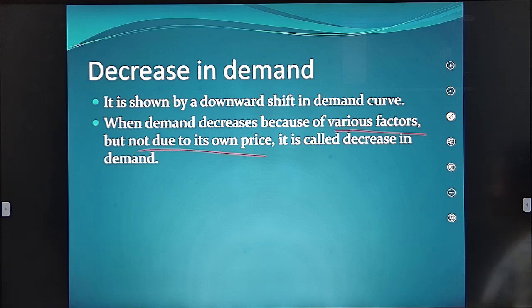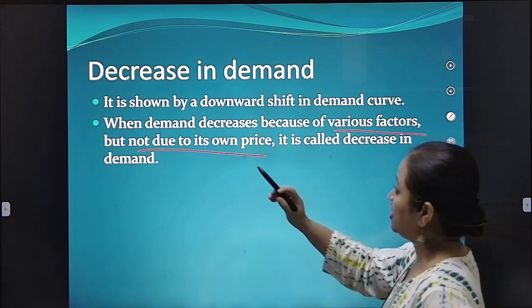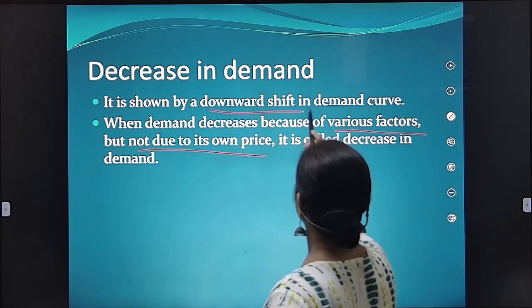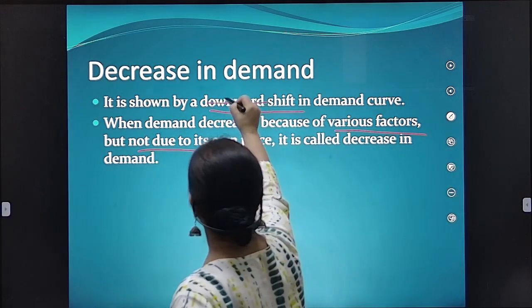So consumer का income कम हो गया, demand भी कम हो गया. ठीक है? ऐसा नहीं कि सामान का दाम बढ़ गया है. सामान का दाम वही है, लेकिन the persons, the consumers, income has decreased. So here it is shown by a downward shift in demand curve. So sorry, not downward, leftward.